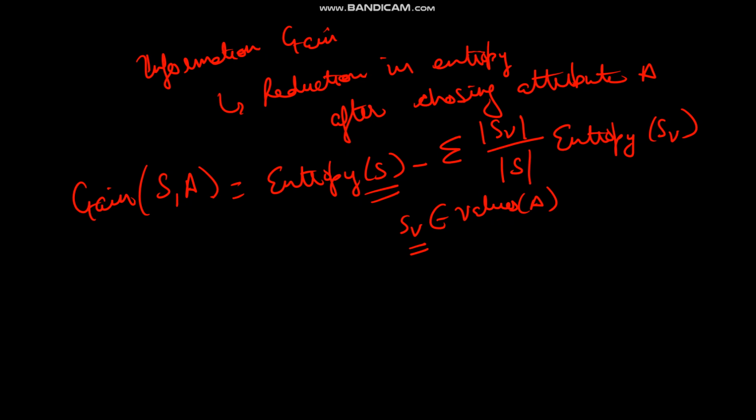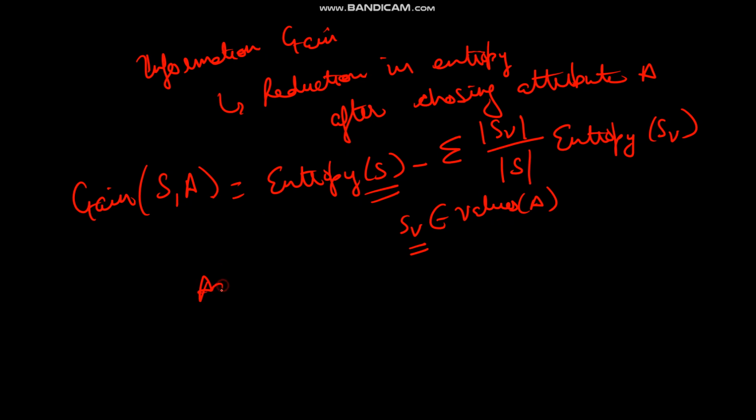And the gain will give us the root node on which we have to split the tree. If the information gain is higher, that attribute is giving the maximum information. So that information gain supports us in deciding that this is the best node or best attribute to make a split.